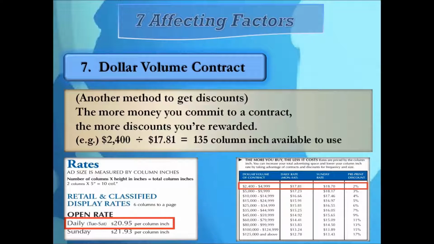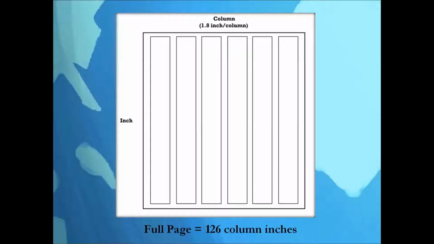On the other hand, if I sign a contract and pay $2,400 up front, I get to enjoy a discounted rate of $17.81 per column inch on the weekdays. With this rate, I will be able to advertise up to 135 column inches before the fund is depleted. Remember how a full page of paper is 126 column inches? You're pretty much broke after running a full page ad in one day.